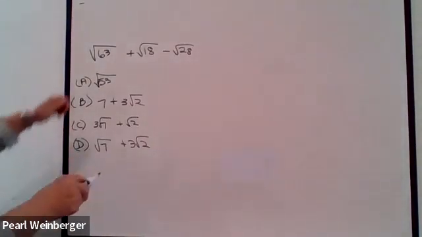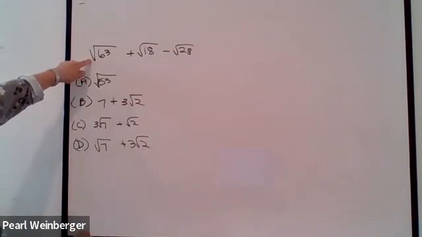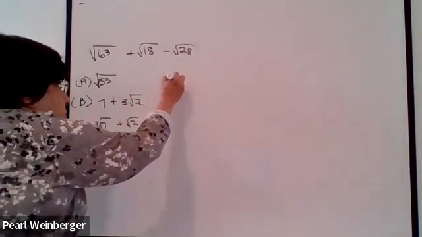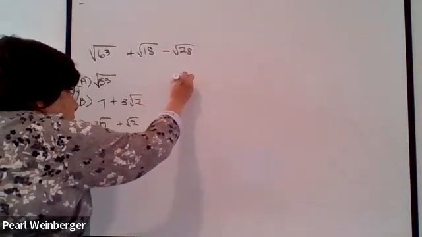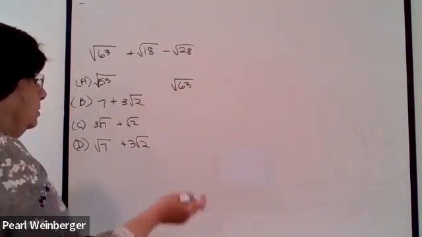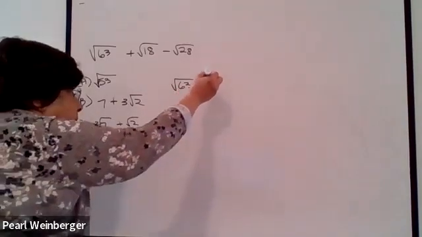So the first thing we're going to have to do is try and simplify each of these radicals. So when we look at the square root of 63, let's see, what do I see 63 multiplying to?